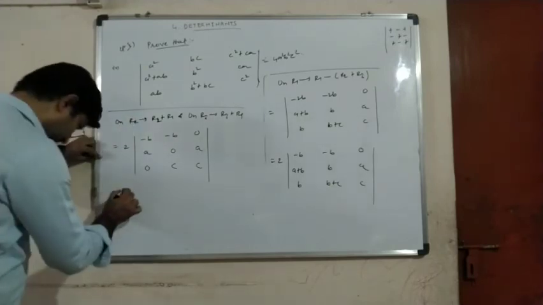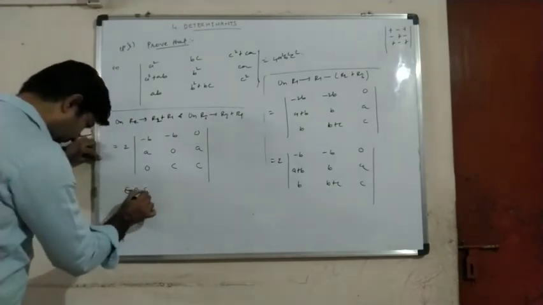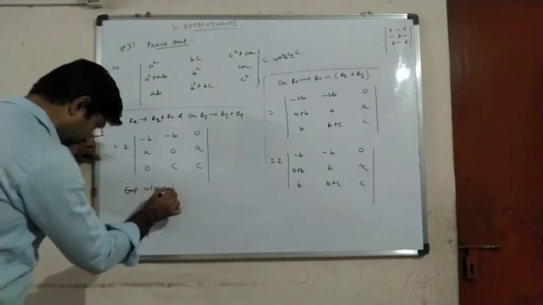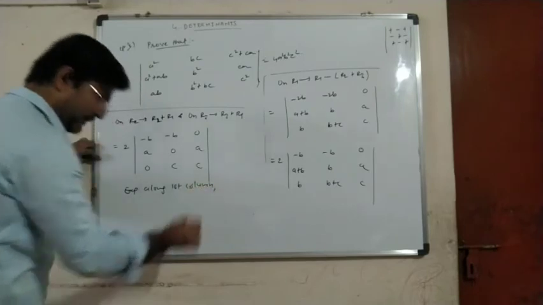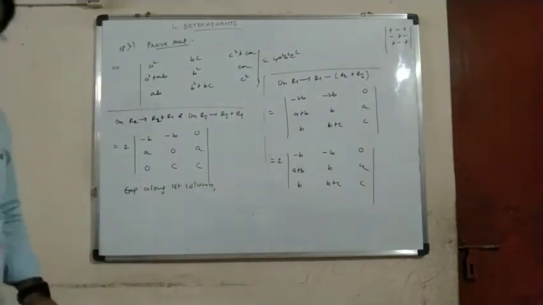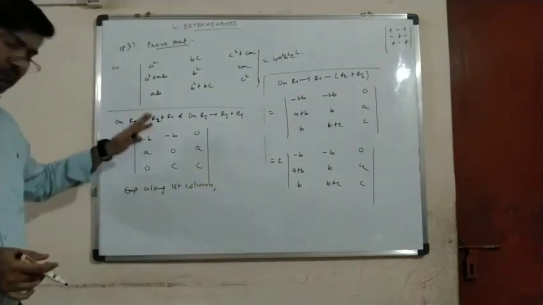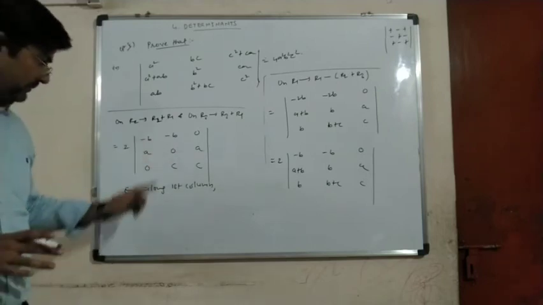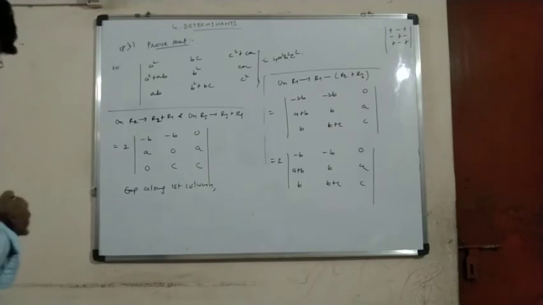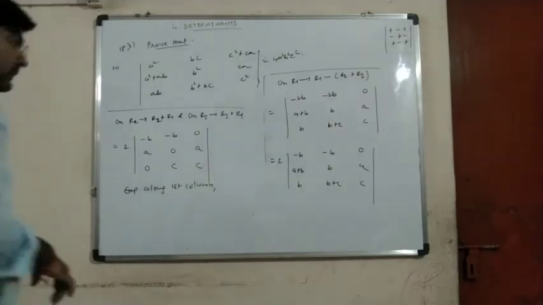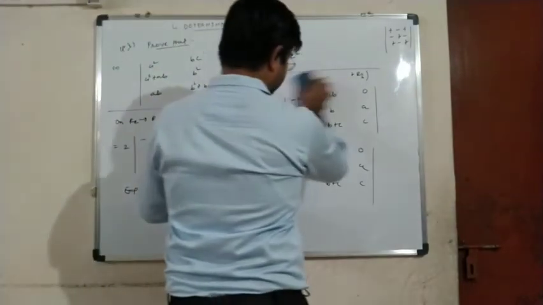Okay, so expanding along first row or first column, let us expand along the first column. Any way you can expand, absolutely no problem. Expand along first row, first column, second row, second column, because in each column or row here we have 0. Okay, so you can expand anyway.